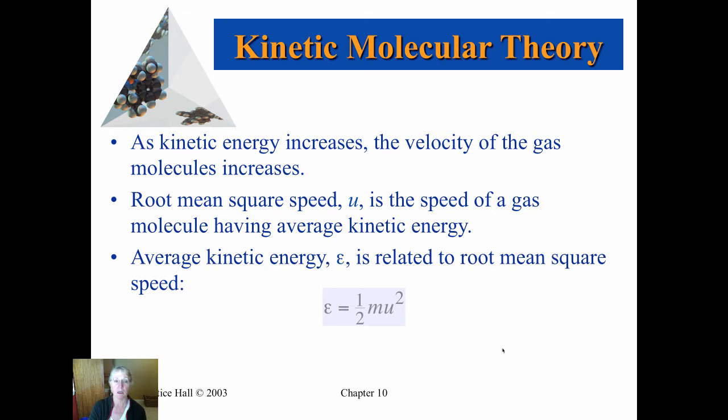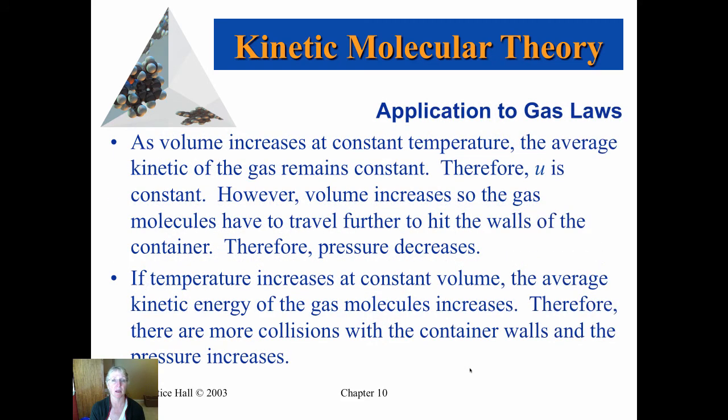But if you could calculate the average kinetic energy and find a molecule that has that average kinetic energy, it would have what we call the root mean square speed. Average kinetic energy is related to the root mean square speed, and here's our formula for kinetic energy: 1/2 times mass times velocity squared.